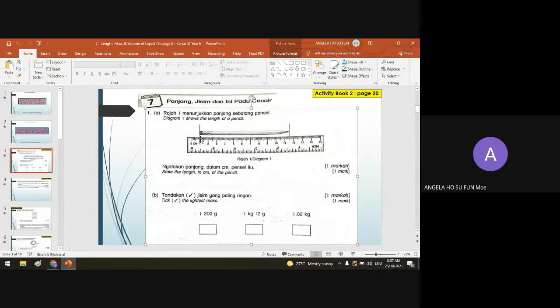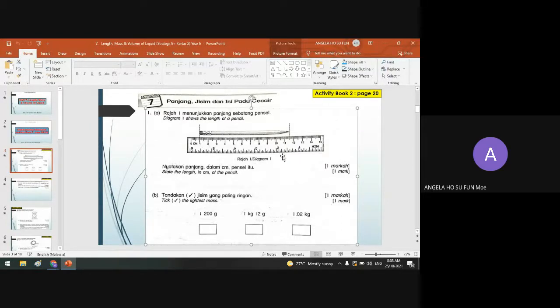Yes, the pencil here does not start from 0, it starts from 1. If you start from 0, then the length of the pencil is 11.5. But since it is starting from 1, all you need to do is take 11.5 and minus 1.